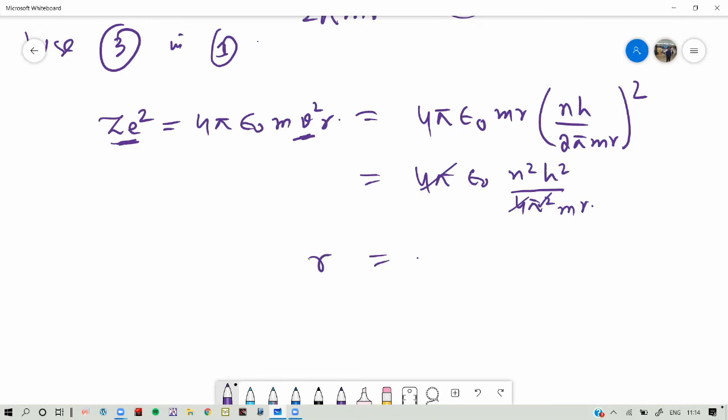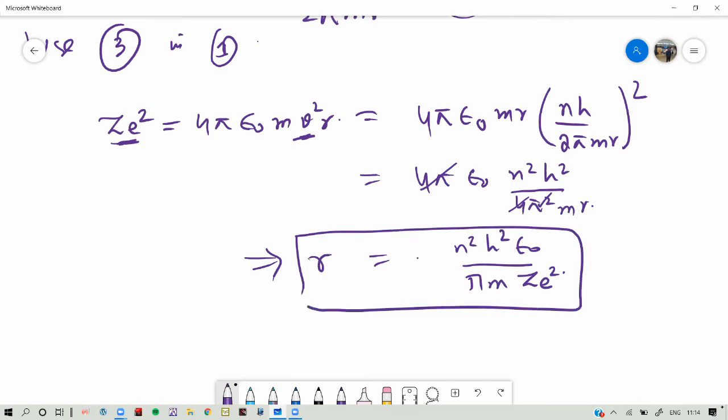It gives us r equal to n²h²ε₀ divided by π m Z e². Let this be 4.